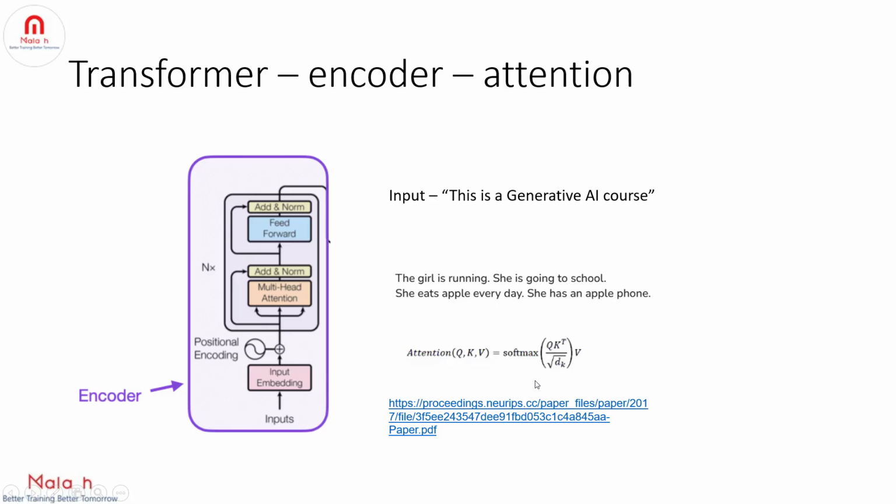The attention score is query multiplied by the transpose of key divided by dk, and we'll multiply this with the value vector, and pass it to softmax, which is for normalization. If you get a big value, we normalize using softmax, so that you get a value between 0 to 1 as the attention score. So this is the formula for attention score.